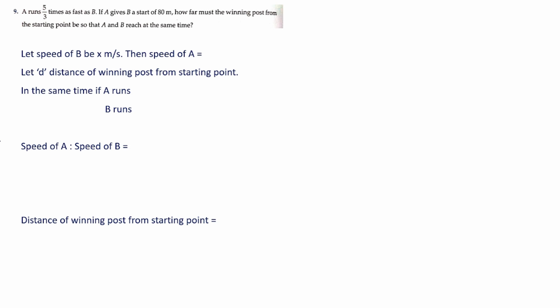So here let the speed of B be x meters per second. It is given A runs 5 by 3 times as fast as B, then the speed of A will be 5 by 3 x. And let D be the distance of the winning post from the starting point. Here it is given A gives B a start of 80 meters. So in the same time, if A runs D meters, then B runs D minus 80 meters.